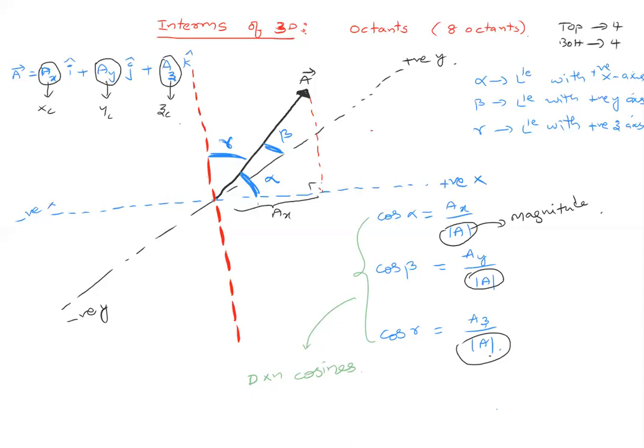So these are your direction cosines. This is how you give the direction in 3D. In 2D you will give the angle with the x-axis. If you do x component by y component, you will get the angle with this thing also.